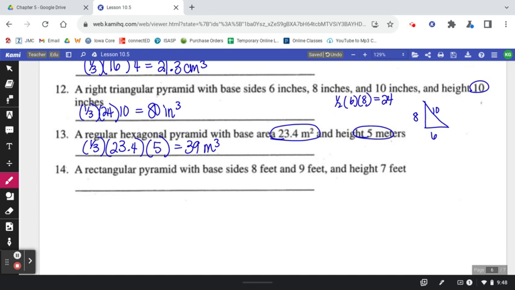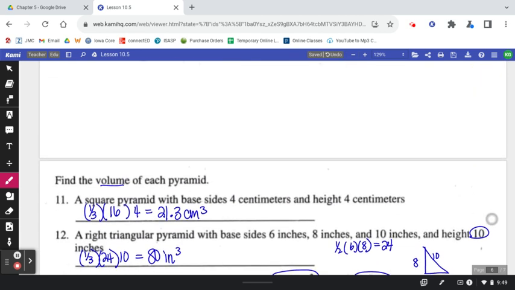A rectangular pyramid of 8 and 9. So that area then would be 72 because 8 times 9 is 72. So 1/3 the base area, which was 72, and the height of my pyramid, which is 7. 168 meters cubed.